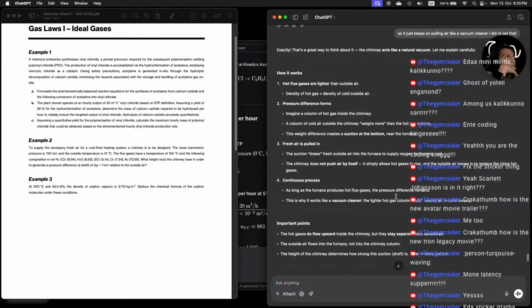Oh! The hot flue gas only exists when burning, not like a trapped gas up there.